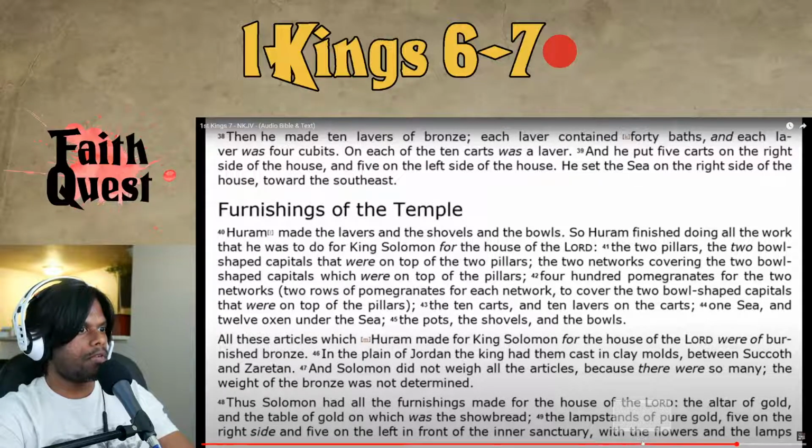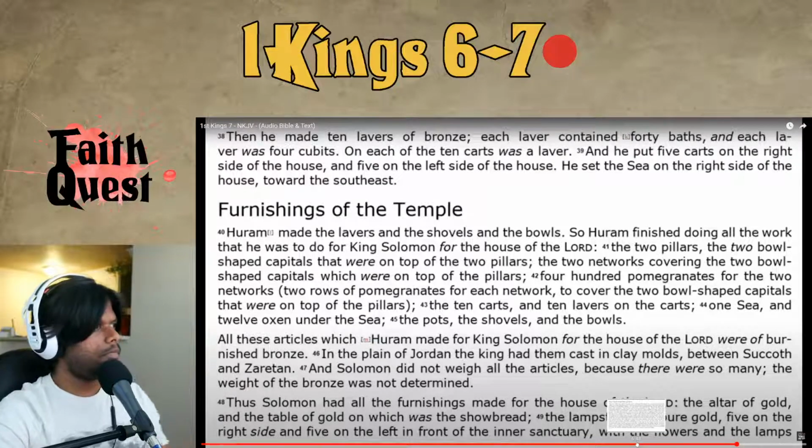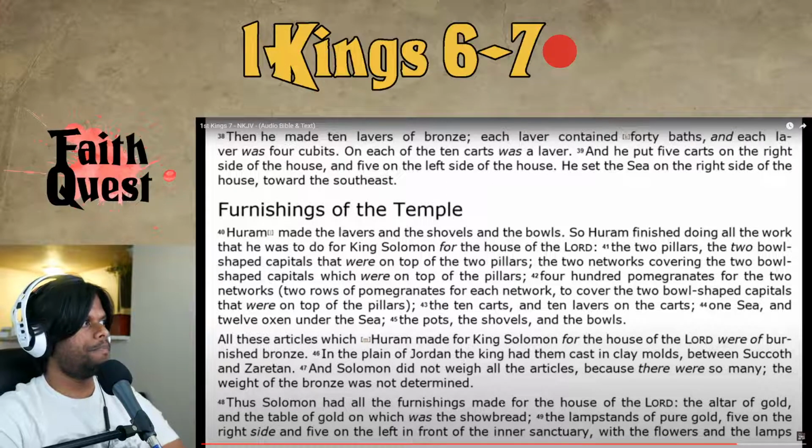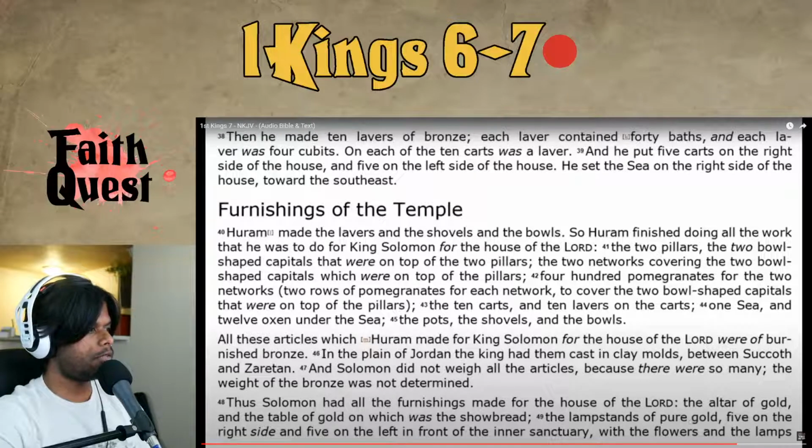They didn't remake the Ark of the Covenant, did they? So, I mean, that's interesting, why they remade the lampstands, the altar.